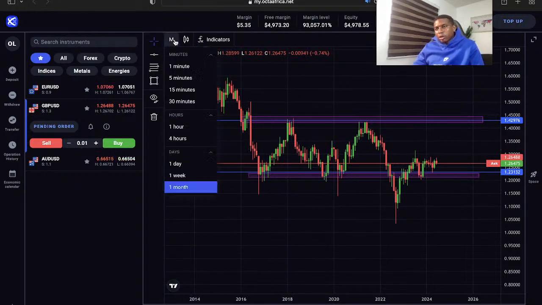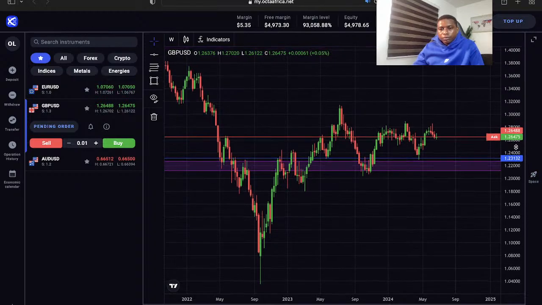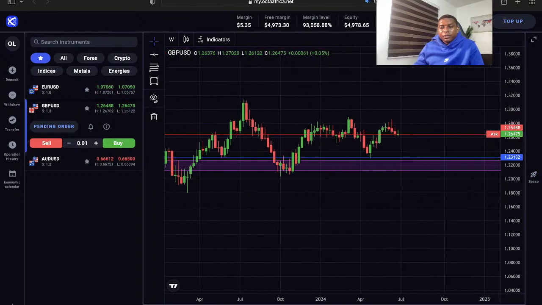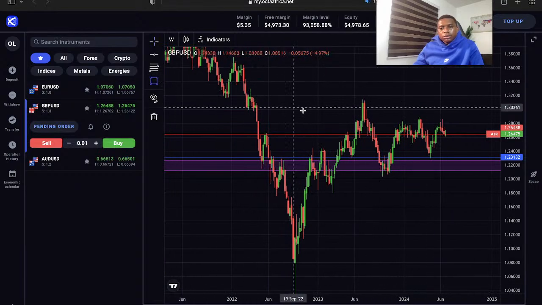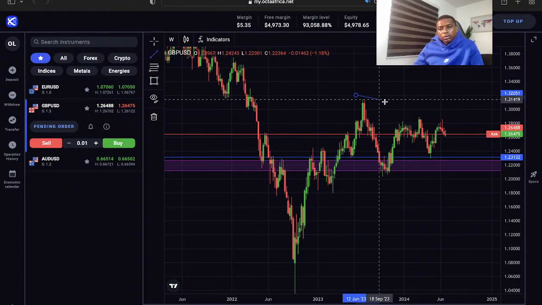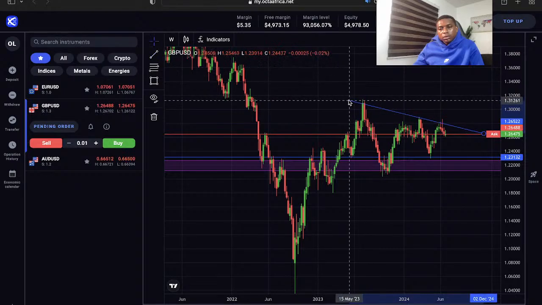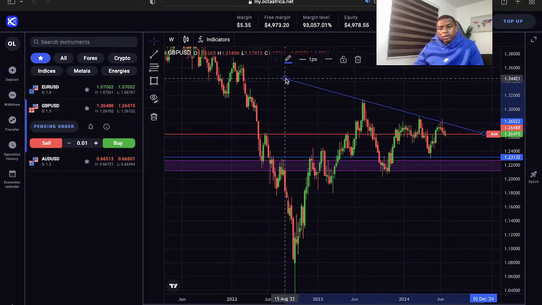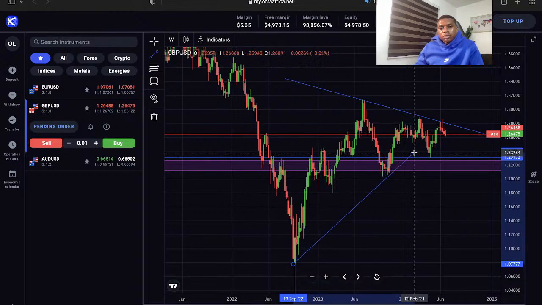So let's go down to the weekly time frame. So here on the weekly time frame now, we can see clearly that here is a zone, and here is another zone.